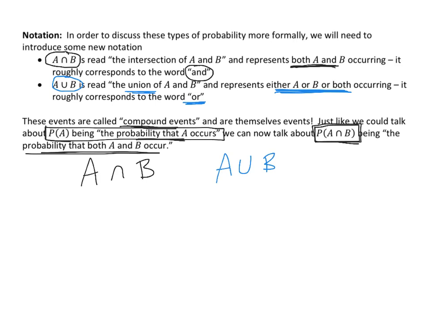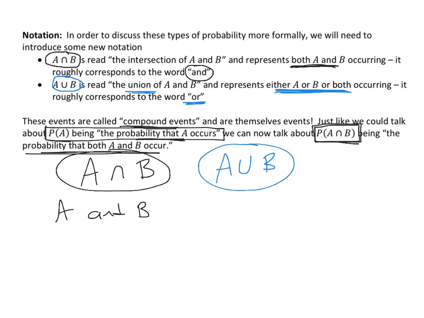So this is this new notation. This one here is called the intersection, or you could think of it as A and B. This one over here is the union, and it's A or B.